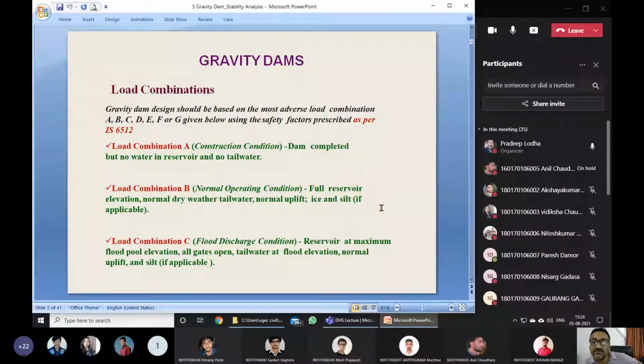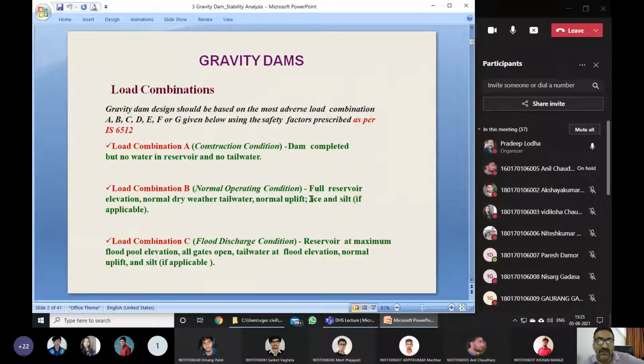This is full reservoir elevation. It's not high flood, but full reservoir. Normal dry weather tailwater, if it exists, some tailwater. Tailwater means on the downstream side. Normal uplift means our drainage system.